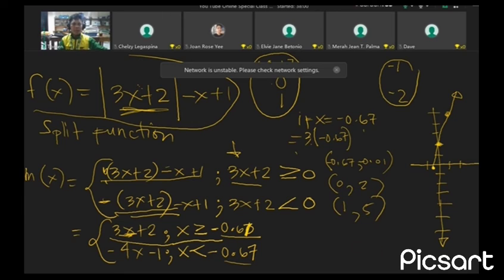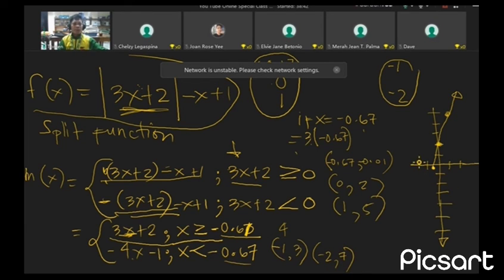For the negative side, substitute negative 1 and negative 2 here. Negative 4 times negative 1 is positive 4, minus 1. We have negative 1 and 3. If we have negative 2, 8 minus 1 is 7.